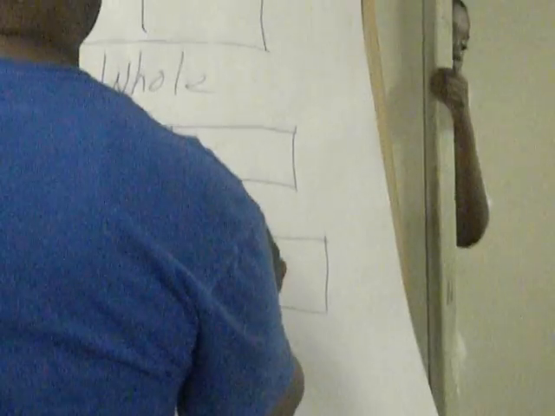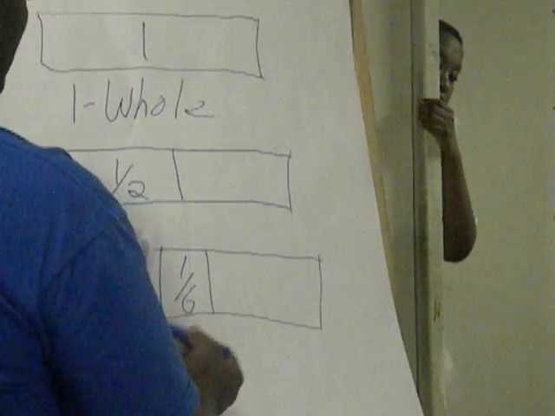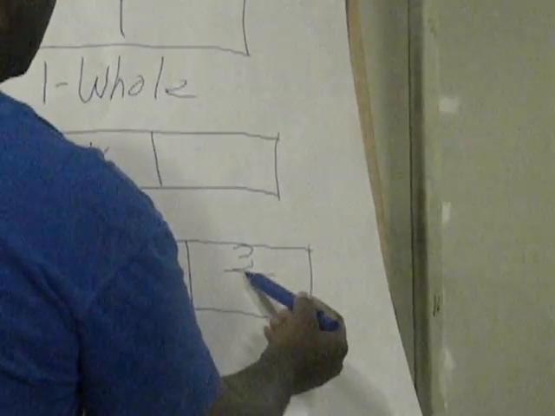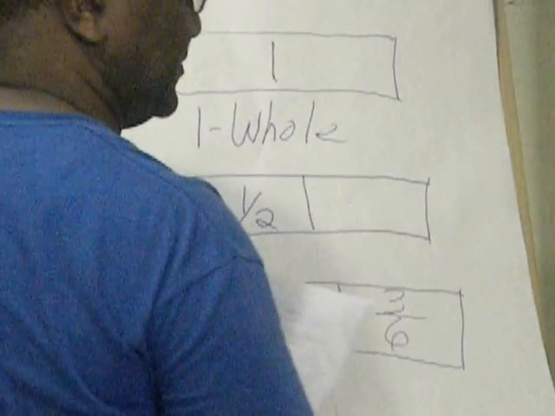If I break it up into 1 over 6, 1 over 6, 1 over 6, and so on, 1, 2, 3, it's 3 over 6. As you notice, we're still working with the whole number.